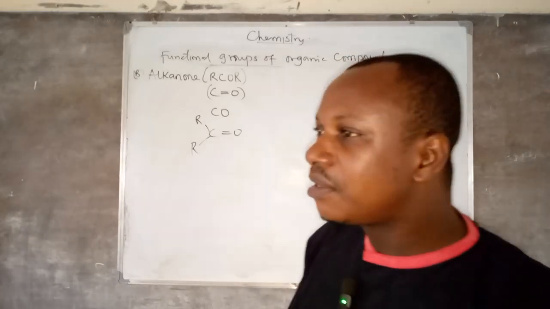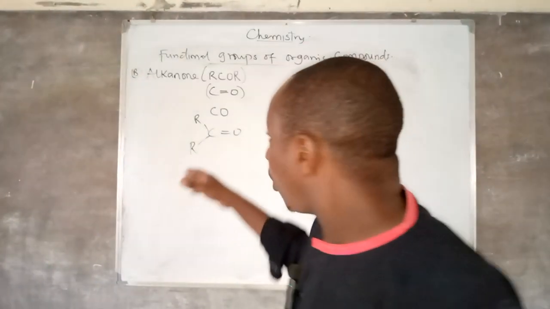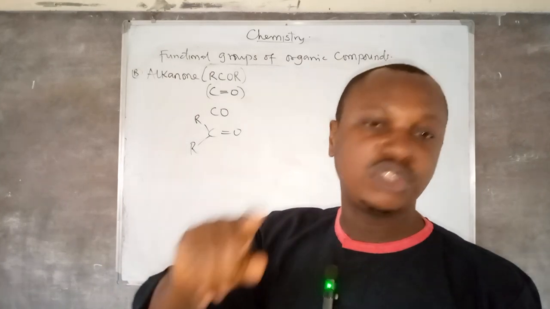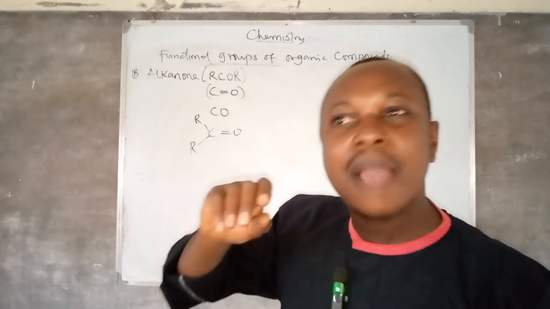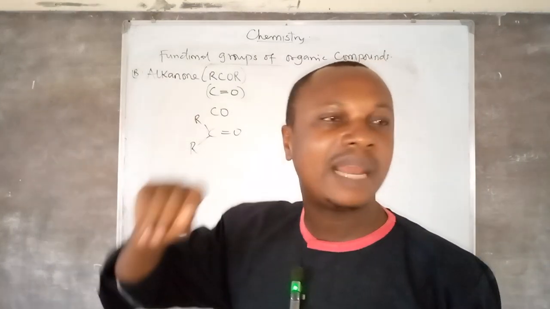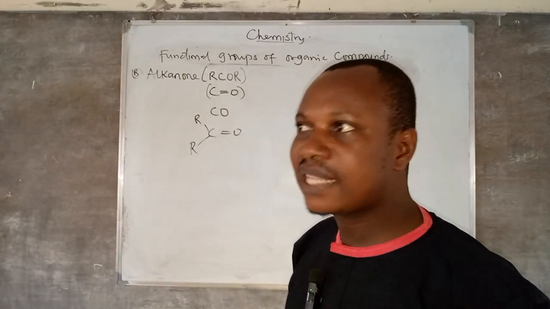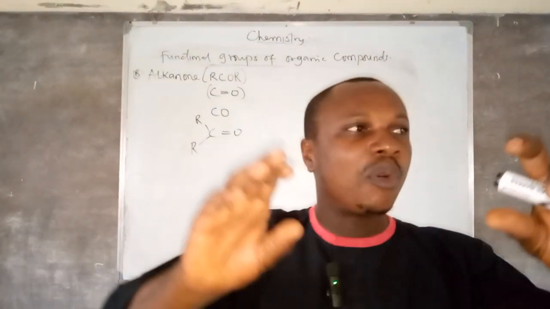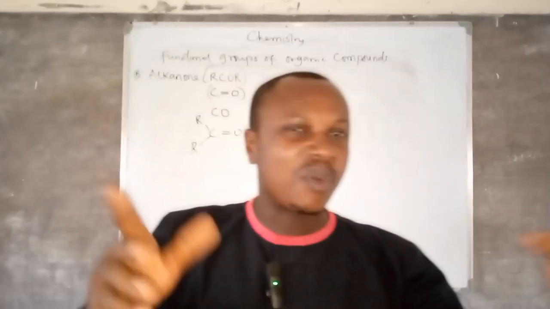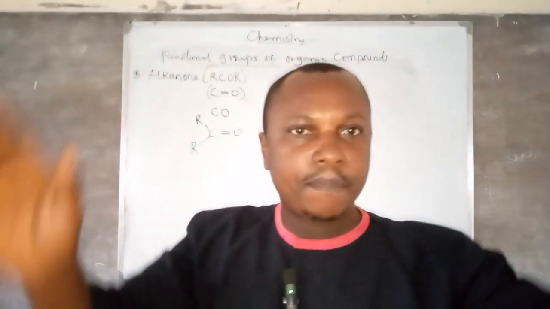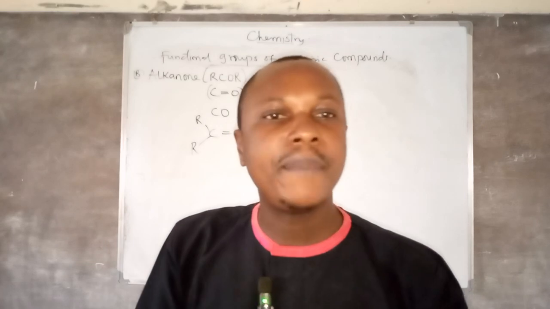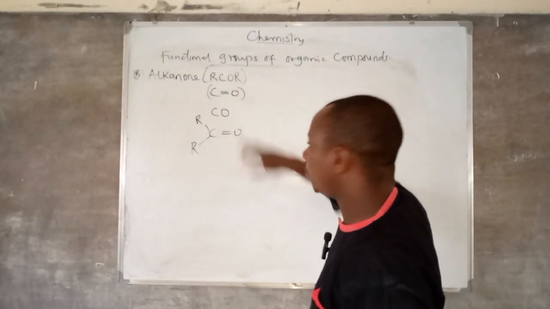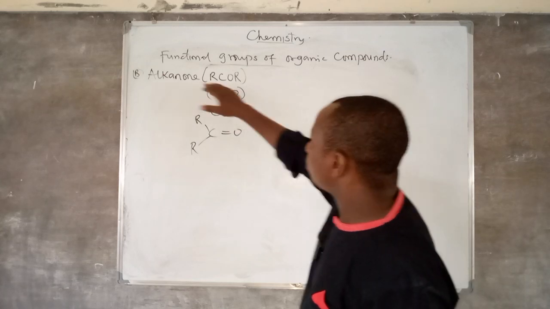That is the reason why I decided to make the video of functional groups first, because functional groups help to identify where a compound belongs. For instance, when we did alkene, anywhere we see a double bond in a compound, we know that compound belongs to alkene. So for this one, if you see CO anywhere, you know that it belongs to alkanone.